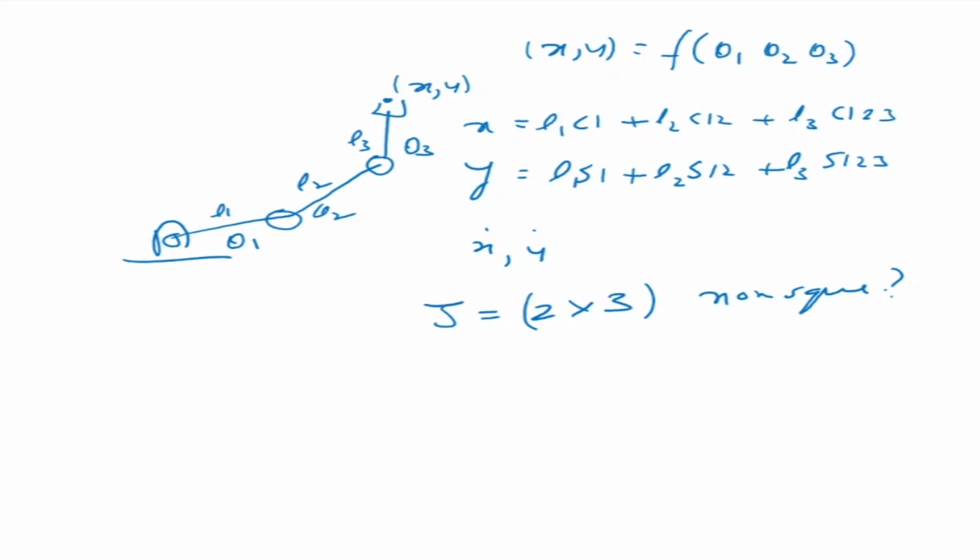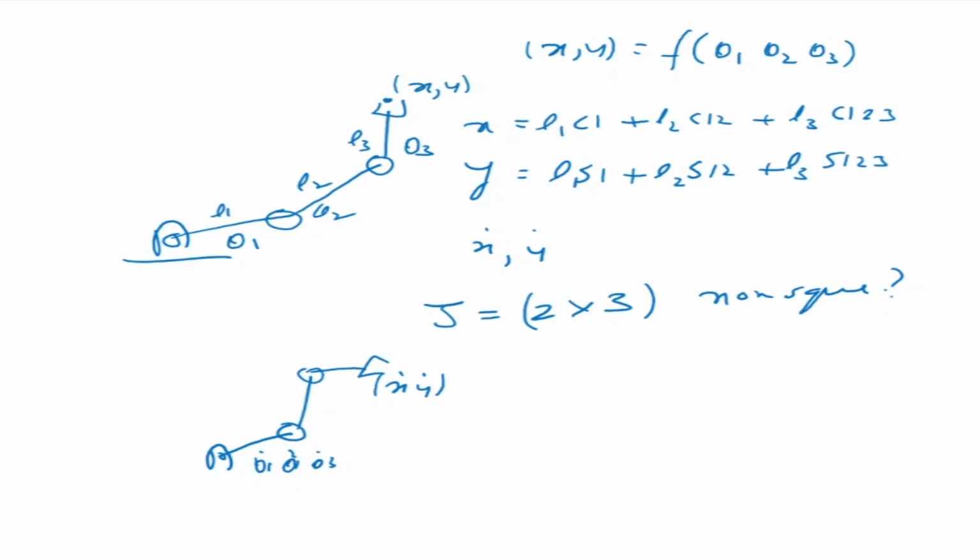Before we go there, let's also look at the concept of the Jacobian for static forces. In the case of a manipulator, we have the joint velocities, theta 1, theta 2, and theta 3 dots, and the end effector velocities, which are related by the Jacobian.